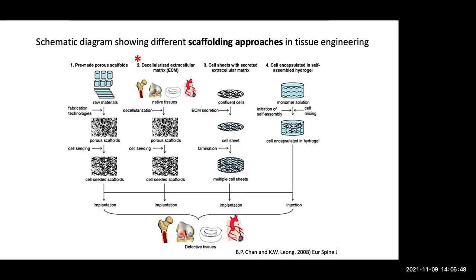So we think about function first, and then we step back to think about the properties of the materials and the type of material we fabricate to become the cartilage or the bone. Yeah, this is good.